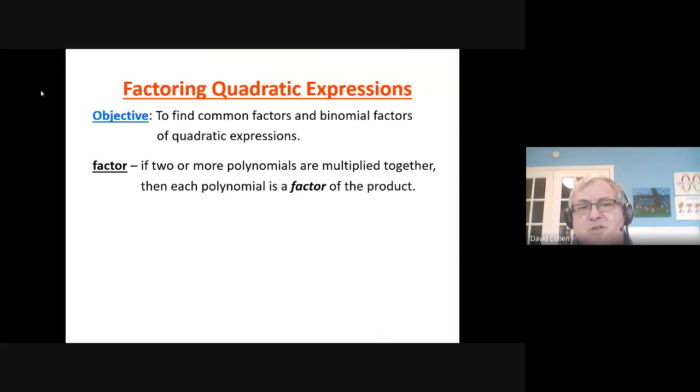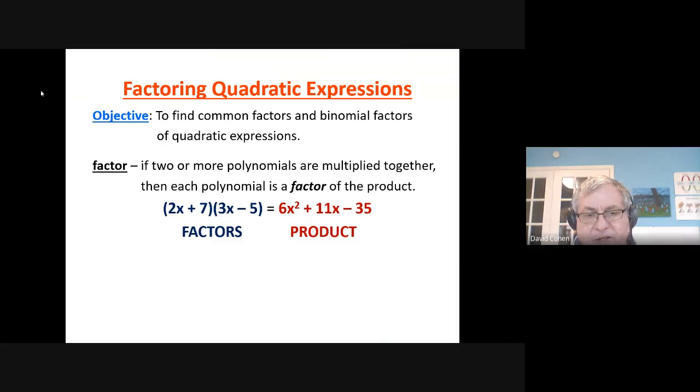So a factor: if 2 or more polynomials are multiplied together, then each polynomial is a factor of the product. So factors can include 2x plus 7 times 3x minus 5.